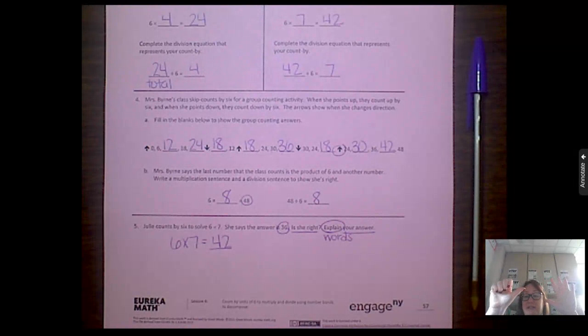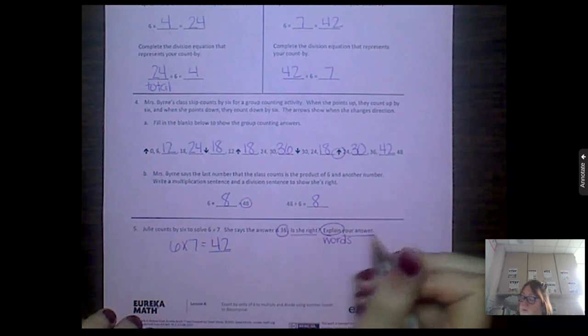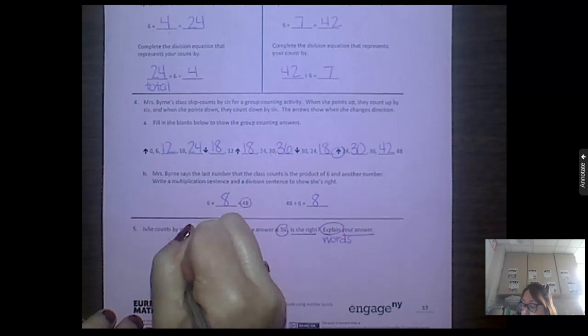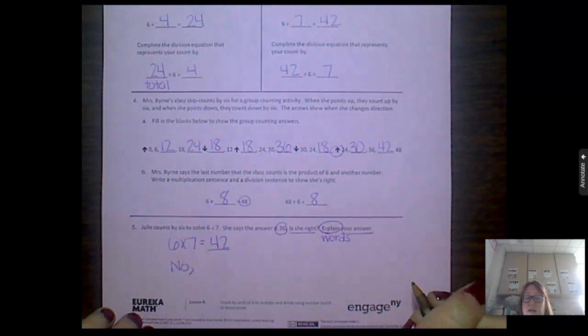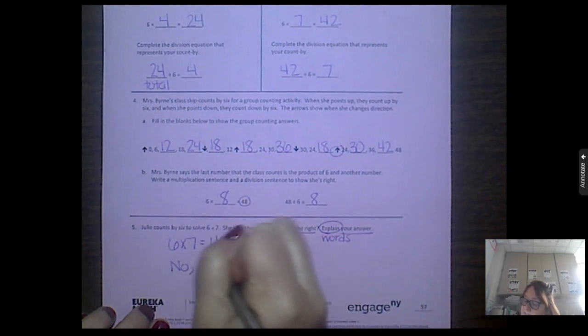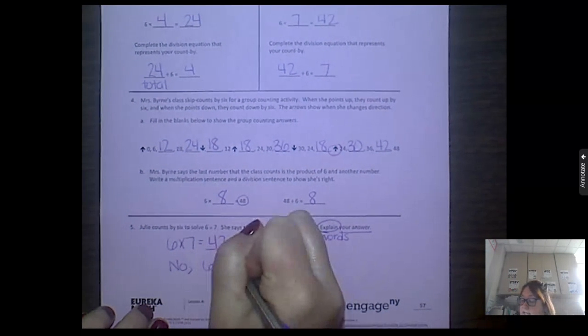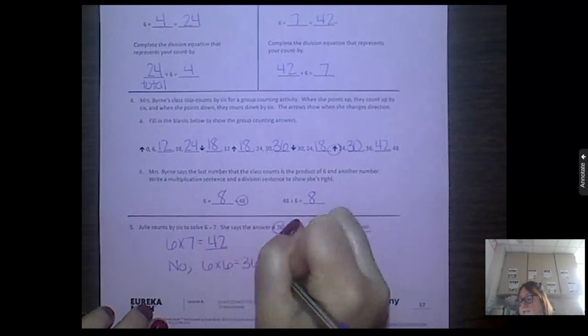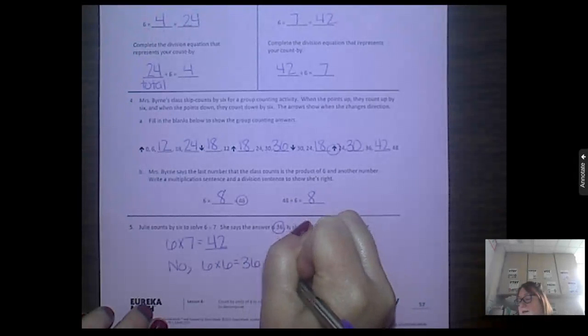So to get 36 for our answer, how many 6s would we count? 6, right? So to get 36, she would do 6 times 6. So is she right? No, with a capital N, comma, 6 times 6 equals 36. But I'm going to stick another comma there.